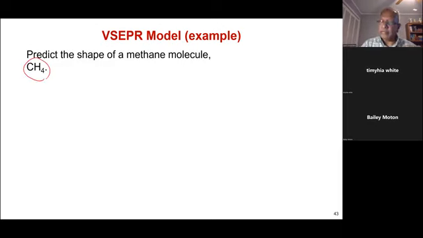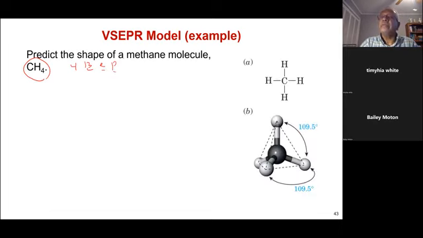methane. What is the shape? Based on valence shell electron pair repulsion, there are 4 bonding electron pairs. When they distribute away from each other, they form a tetrahedron.